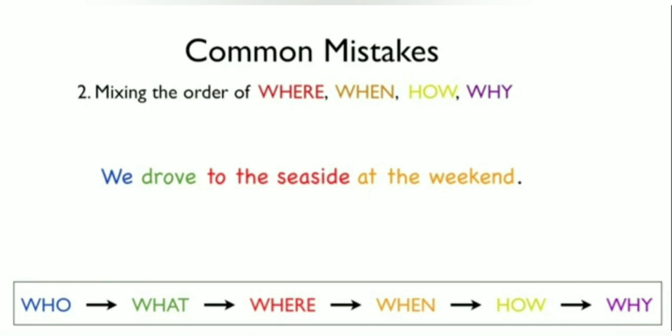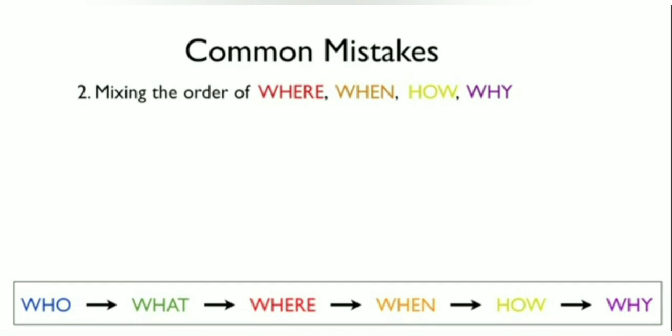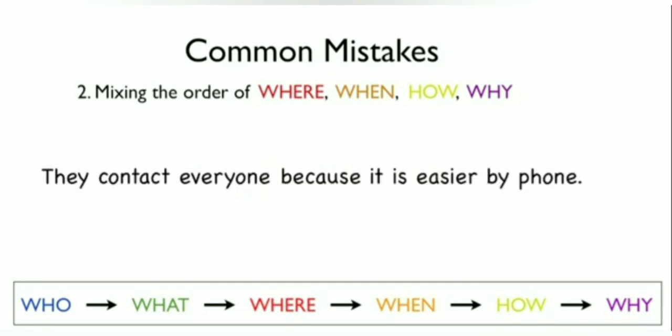We should correct the sentence as: we drove to the seaside at the weekend. He goes by train to work. Instead, we have to make the sentence: he goes to work by train. This is the natural sentence.